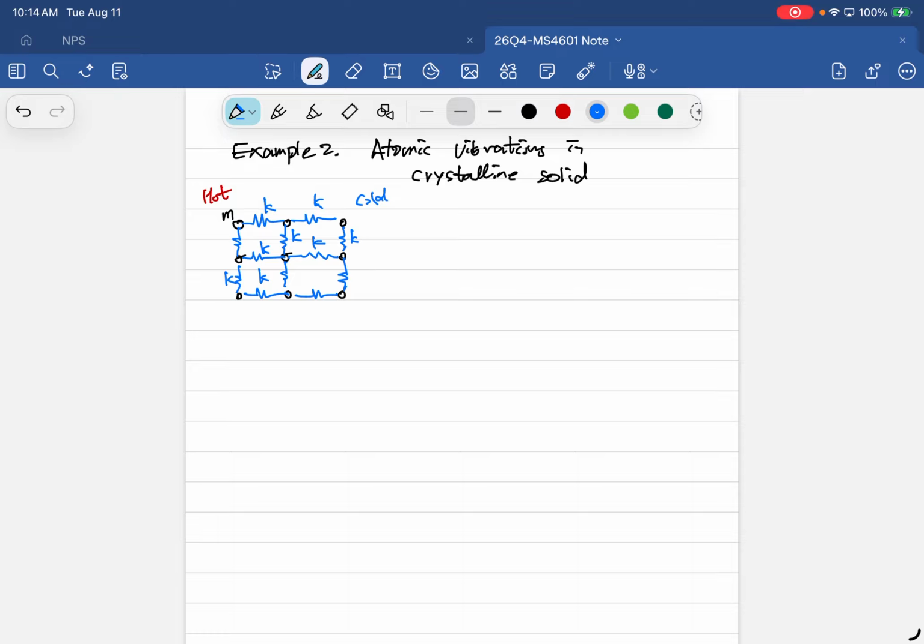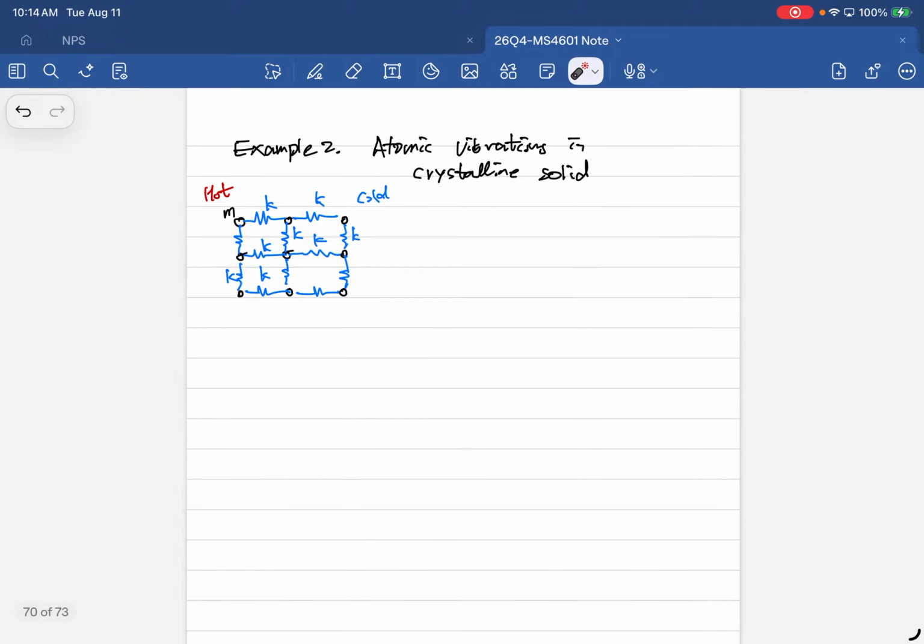So it's vigorously moving at the hot side, and that vibration is transmitted through the neighboring atoms, which transfers energy from the hot side to the cold side. That is how heat conduction happens microscopically. You learned about conduction in heat transfer, Fourier's law. Microscopically, these atomic vibrations transfer energy from the hot side to the cold side, and that is how conduction occurs.